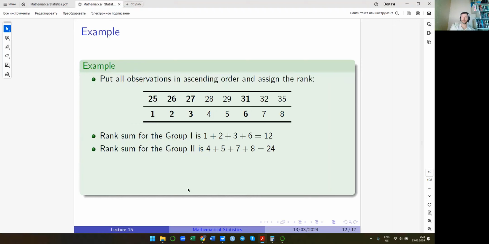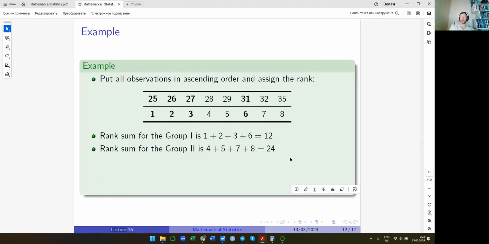The limiting case is when group 1 would have ranks 1, 2, 3, and 4, and the sum is going to be 10 in this case. So this is the smallest possible rank sum. The largest possible rank sum is 5 plus 6 plus 7 plus 8, which is 5 plus 6, 11, plus 7, 18, plus 8, 26.